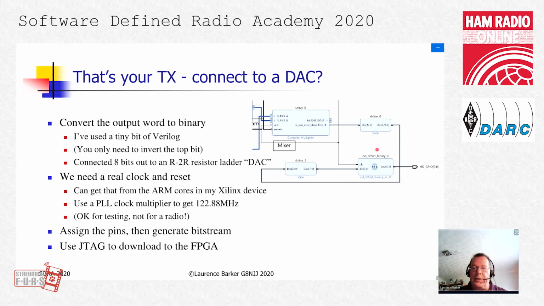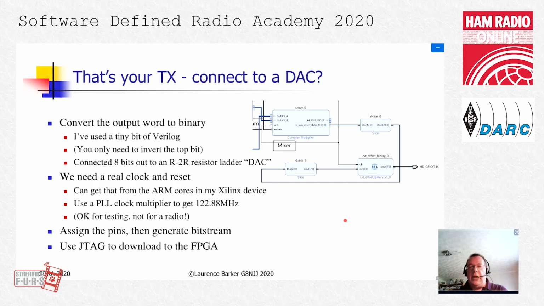A simple bit of Verilog, only a couple of lines of code, is another way of doing it. You can do either. I've then connected that to a D2A converter that I've just made from an R2R resistor ladder network. The other thing that we need to do is add a real clock and a real reset signal.